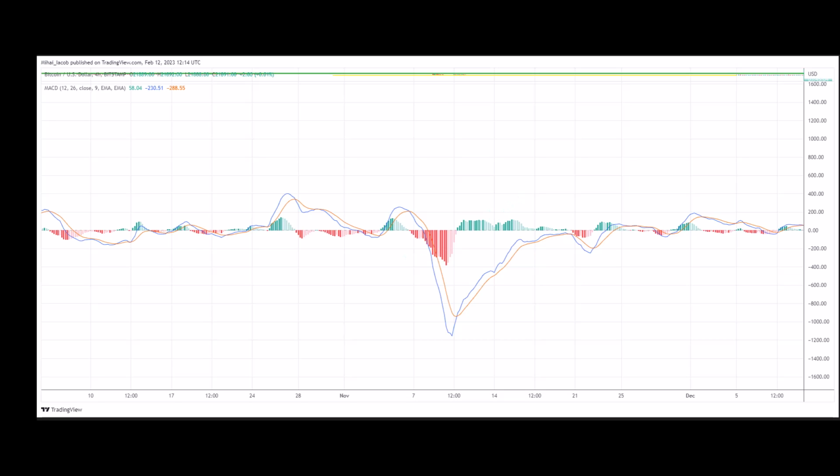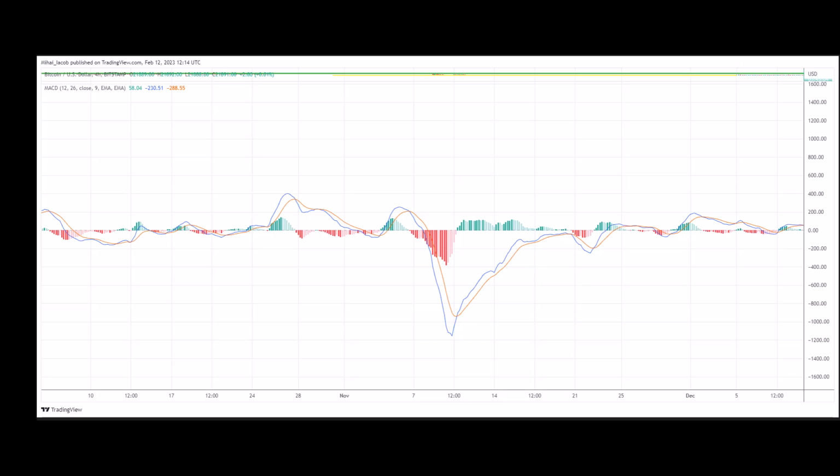So basically when the MACD line crosses above the signal line it is considered a bullish signal, indicating that the market may be trending upward. Conversely, when the MACD line crosses below the signal line, it is considered a bearish signal, indicating that the market may be trending downward.